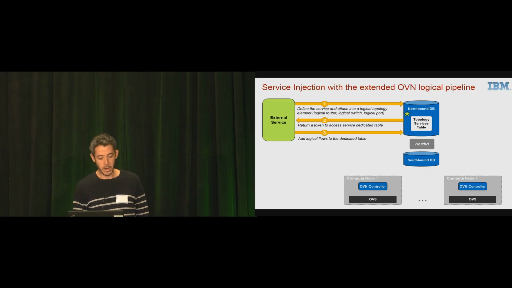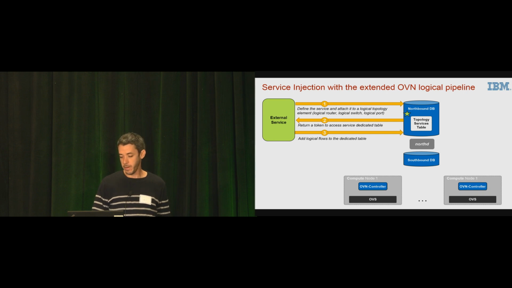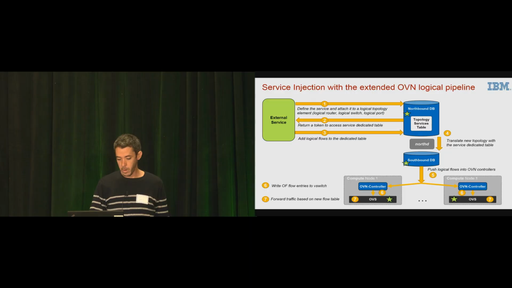Then it will add new logical flows to this new dedicated table in the northbound DB. And from there, ovn-northd will translate this new topology with the new service to a new logical pipeline with new stages inside the pipeline. And from there, the OVN controllers will compile this logical pipeline into a physical flow table on the vSwitches themselves. Then traffic will be handled according to the new flow table.